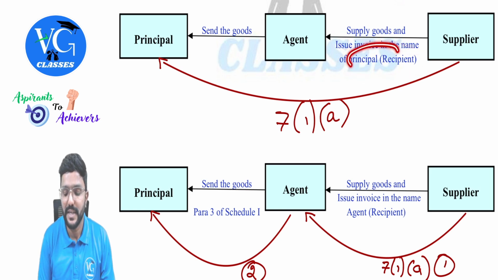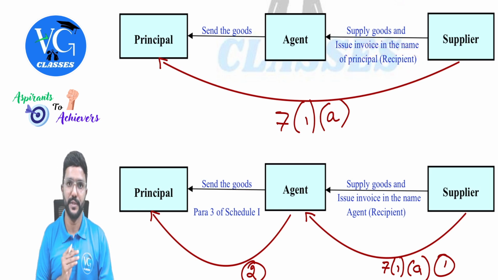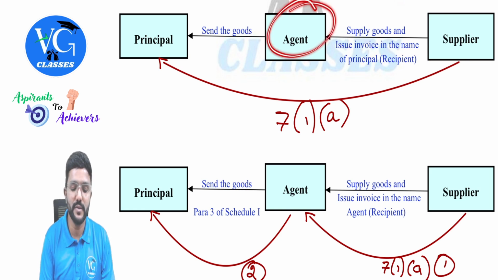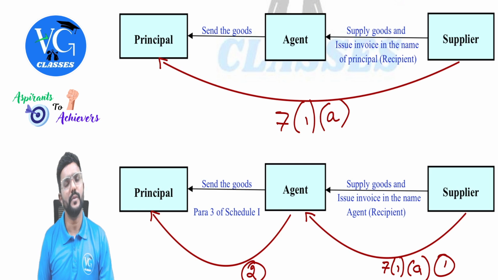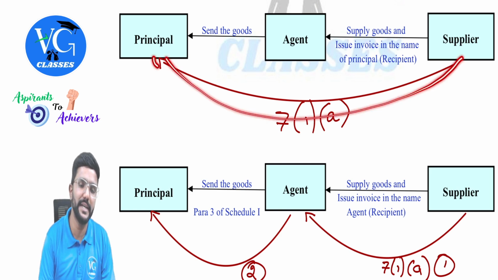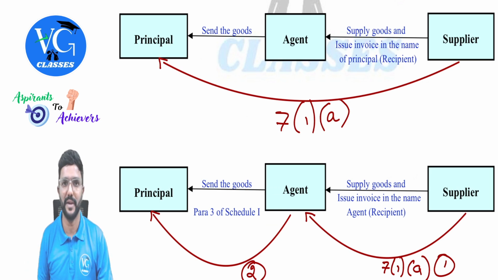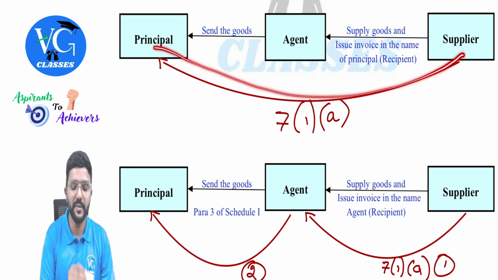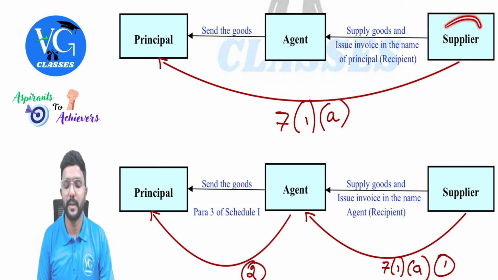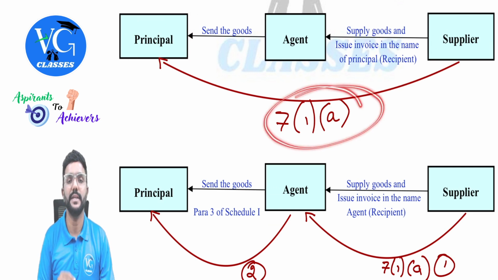So principal is the recipient as per the invoice. So agent will receive these goods and send them to principal. Or maybe the goods might be directly delivered to the principal also, from the supplier. So that means there is only one supply between whom? Supplier and principal. As per section 7(1)(a).